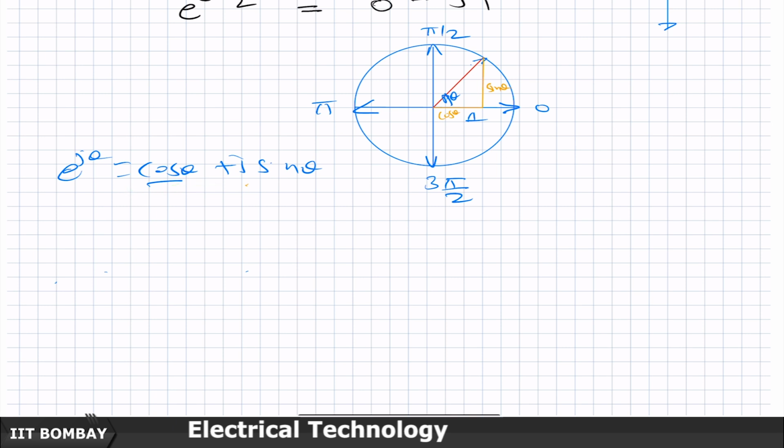So, therefore, this is cos of theta plus j sin of theta, and cos square theta plus sin square theta is 1. This is correct with respect to this angle being theta and this being a unit length vector: its projection on the x axis is cos of theta, and its projection on the y axis is sin of theta. So, now it is clear to you that e to the power j theta indicates a unit vector.